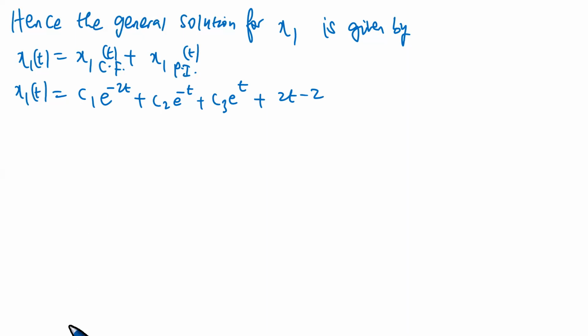Now we find x2 as a function of t because we've already got x1. But we note that we're done, obviously.